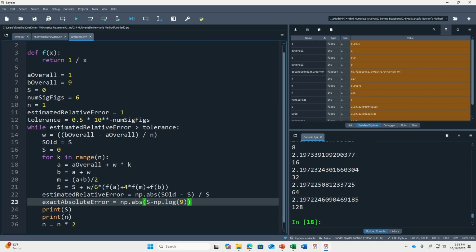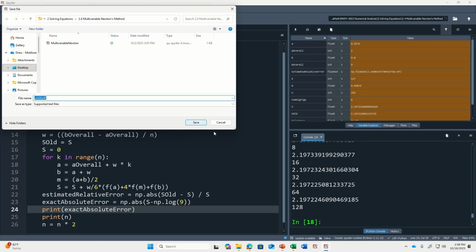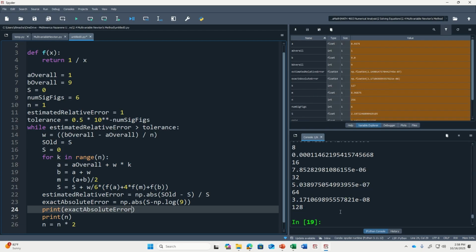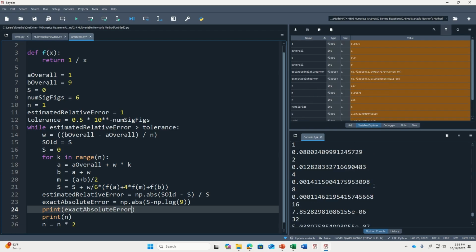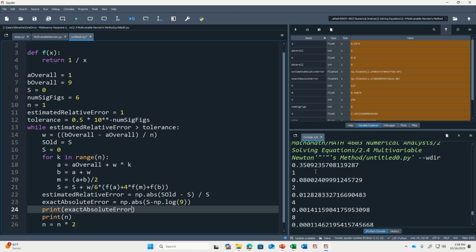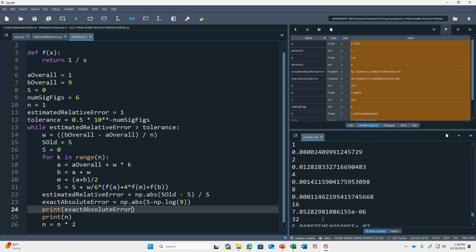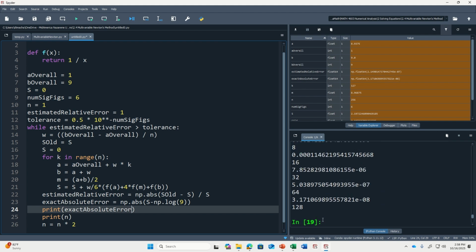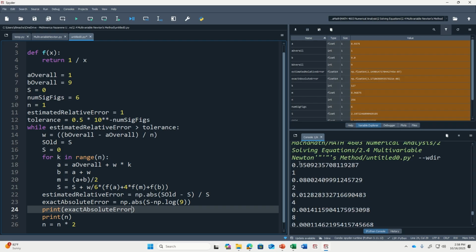And then let's print that along with all of this, let's print the exact absolute error. And here's what I'm interested in. Is this exact absolute error decreasing by a factor of 16 every time? Like, is 0.35 divided by 16 equal to 0.08?